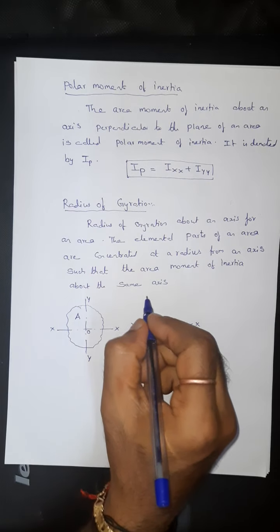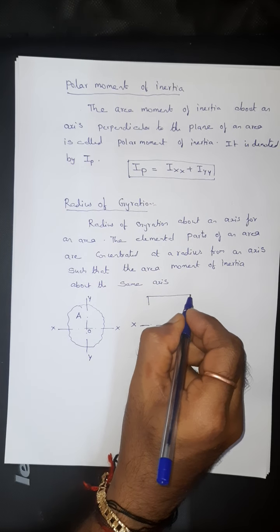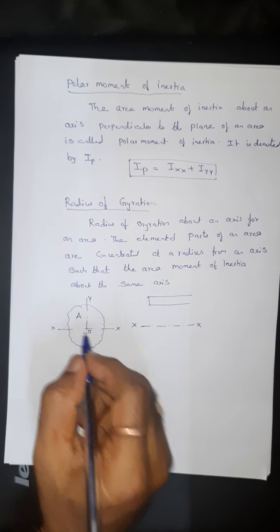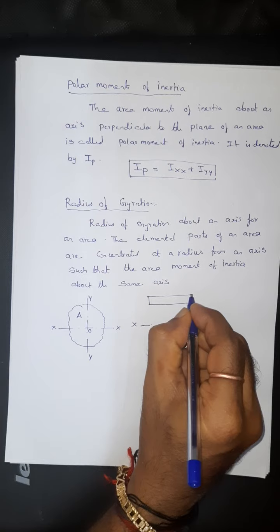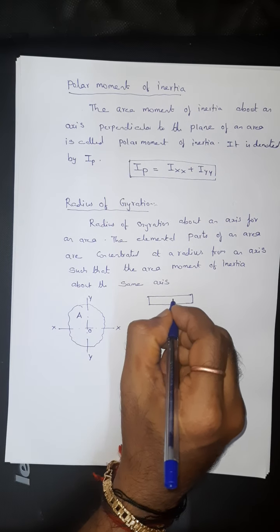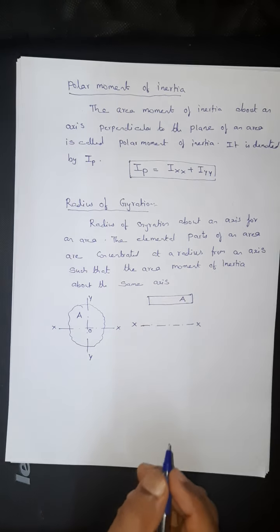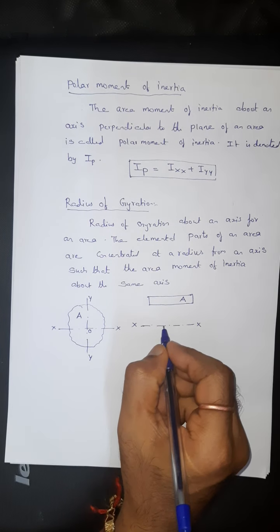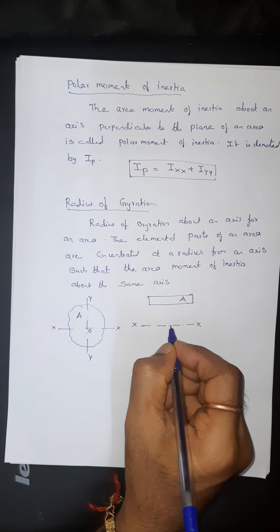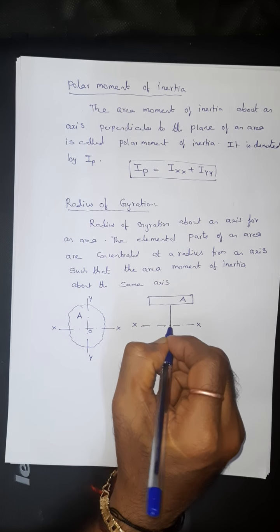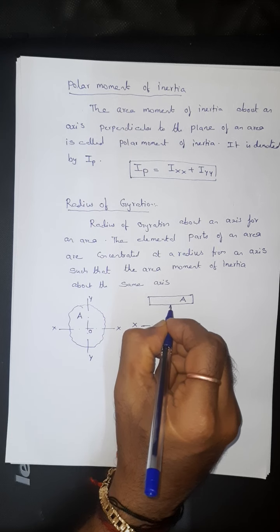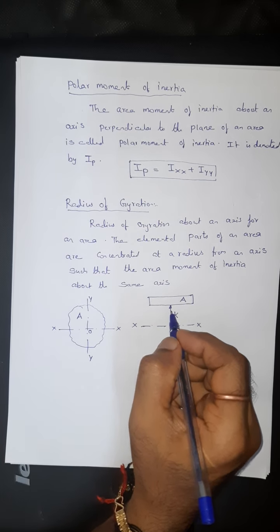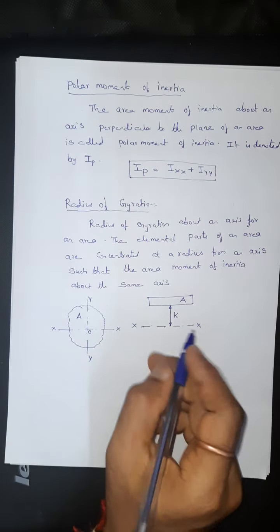So this is a strip form of the same area. Whatever area is in this cross section, I consider in strip form, and its distance from the axis is the radius k. So the radius of gyration is denoted as k.